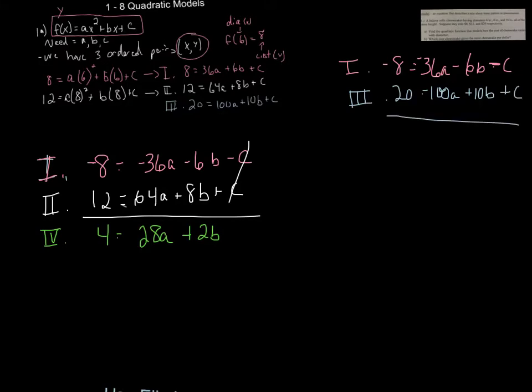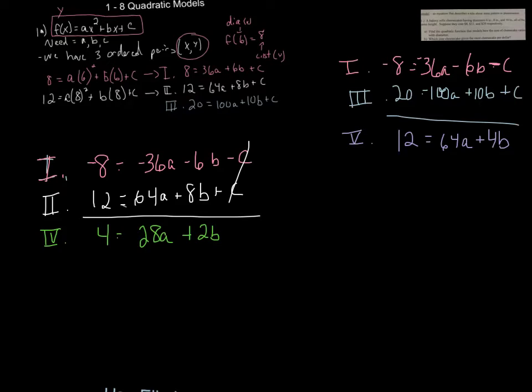Let me get a new color out. Purple. Okay, so 12 equals 64a plus 4b, and that is equation number 5. So I've eliminated c 2 times.